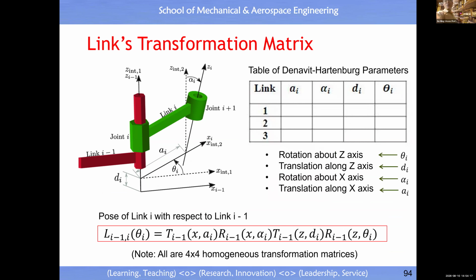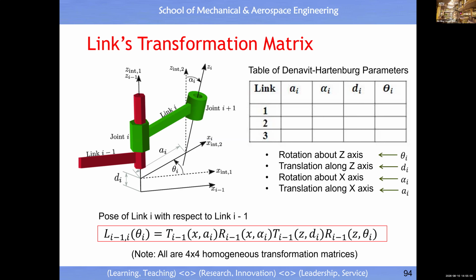Look at the notation: rotate about the z-axis of coordinate system i-1 with angle theta i, followed by translation along the z-axis of the coordinate system assigned to link i-1, then followed by rotation about the x-axis of the coordinate system assigned to link i-1. Lastly is a translation along the x-axis of the coordinate system assigned to link i-1. Multiplied together, you will get a 4x4 matrix.